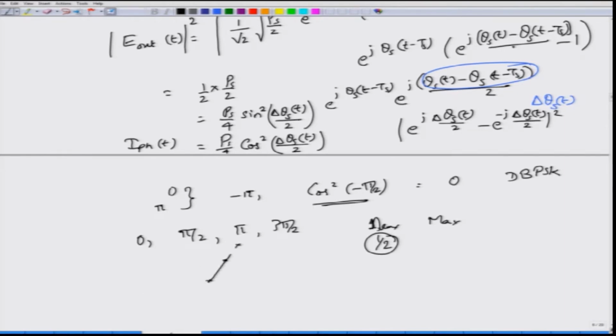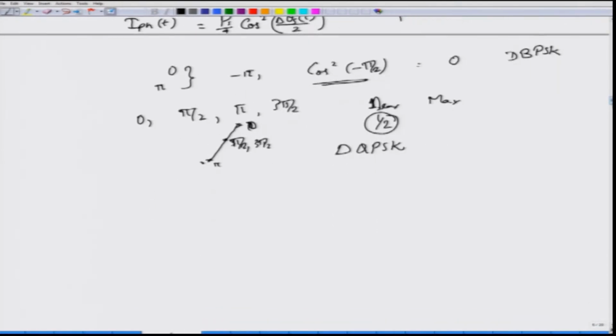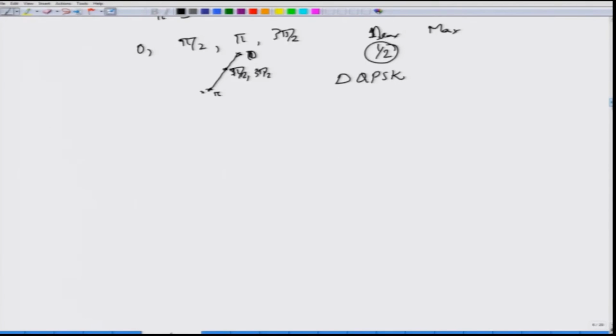So looking at these three outputs, you will be able to tell whether the phase difference between this slot and the previous slot was equal to pi, or it was equal to pi by 2 or 3 pi by 2, both are the same, and it was equal to 0, okay. So by looking at the output, whether it is minima, halfway mark or the maxima, you will be able to tell what is the phase difference delta phi s of t, and you can use this to demodulate differentially encoded QPSK signal or the DQPSK signal.